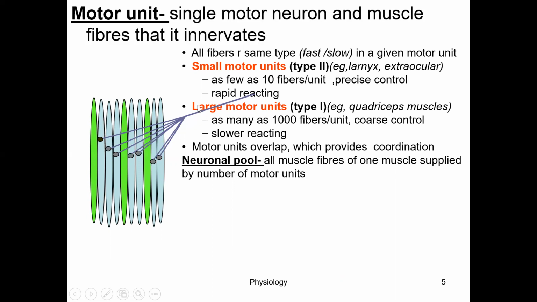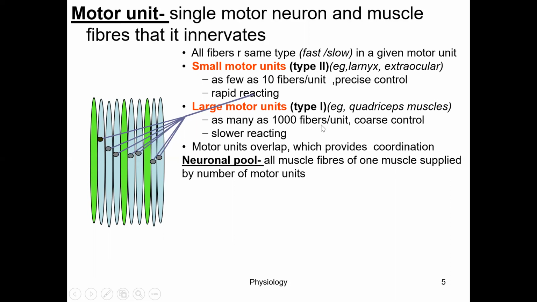Now motor units are divided depending on how many muscle fibers that neuron innervates. We have small motor units and large motor units. Small means that the motor neuron supplies about 10 muscle fibers per unit, while large motor units have 1000 or more fibers per unit.